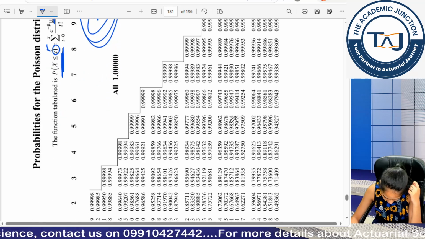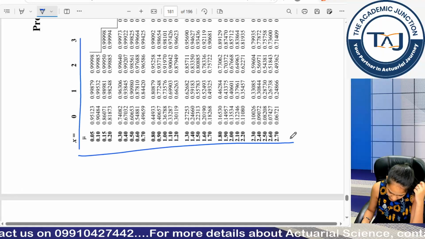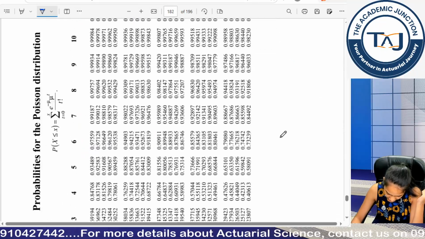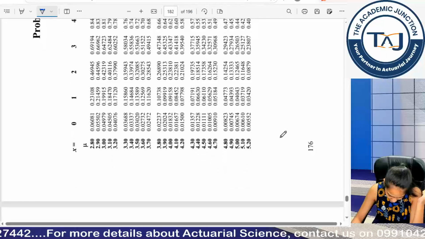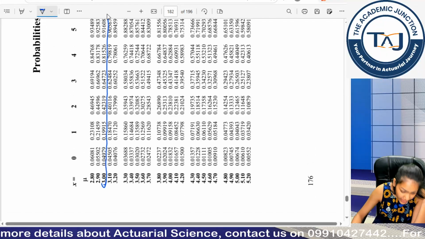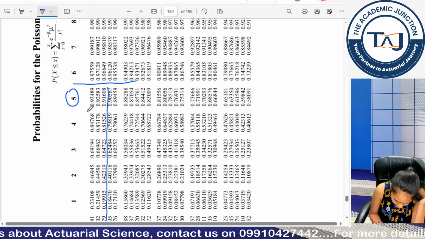So let us check. This is my x values, this is my mu values. I want my mu to be 3. This is still 2.70, so I will check another page. Here I have 3, so I will check this row. Now I have to check 5, so 5 is this column.